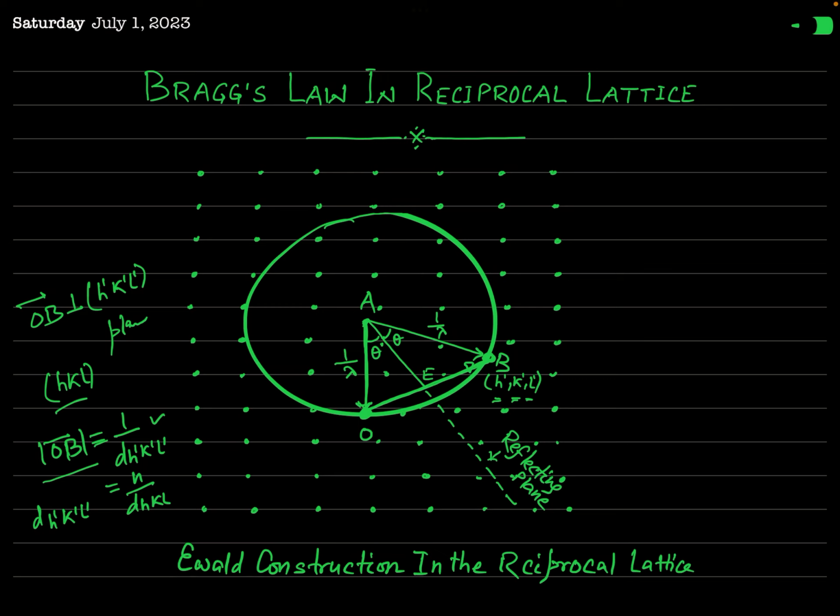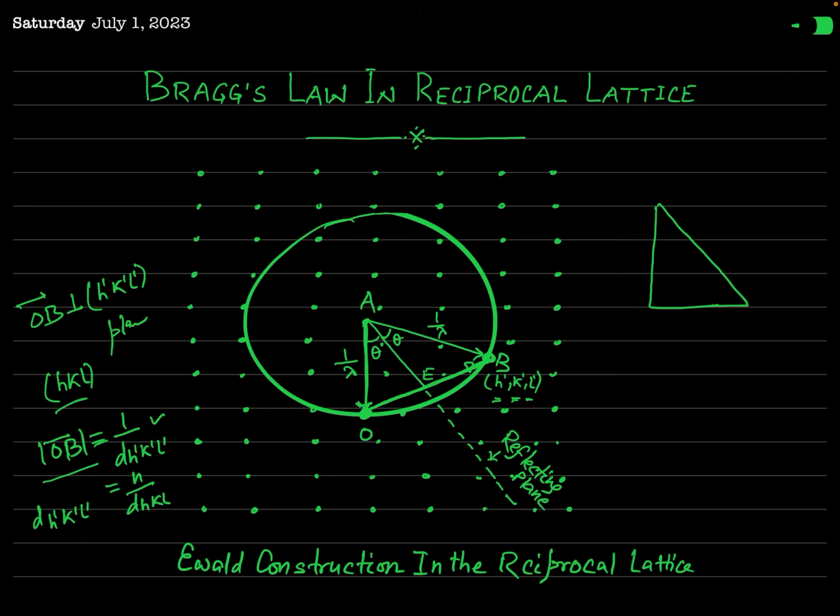You can redraw this figure in this manner. Let us see. I have shown here that AO is the direction of incident X-ray, and this AE is one of the planes on which this reciprocal lattice vector is normal.